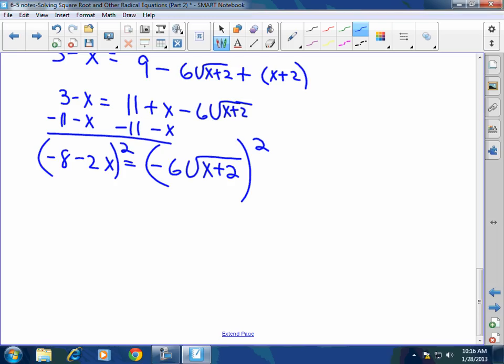So when I square both sides, remember this is negative 8 minus 2x times negative 8 minus 2x. So first term squared, which is 64, minus the first times the second term times 2.